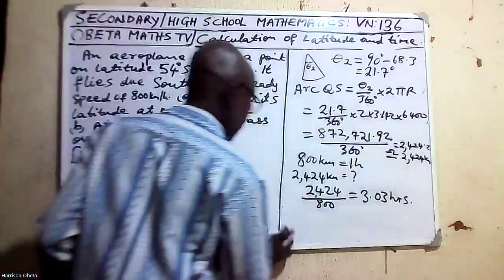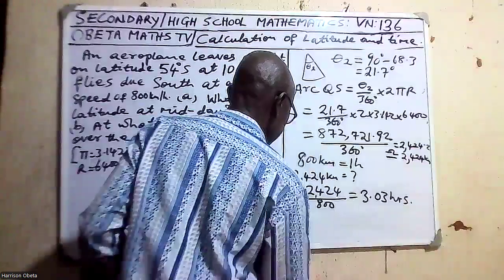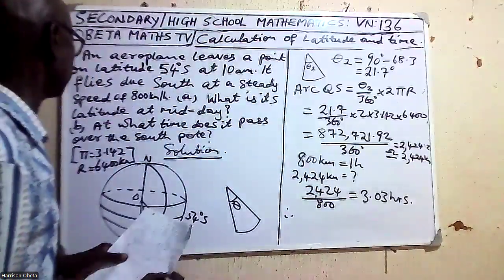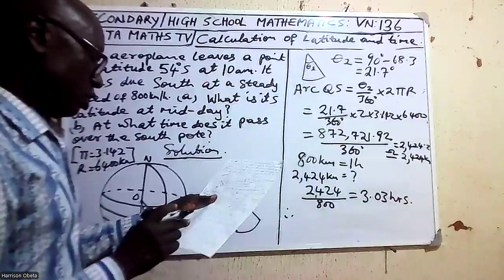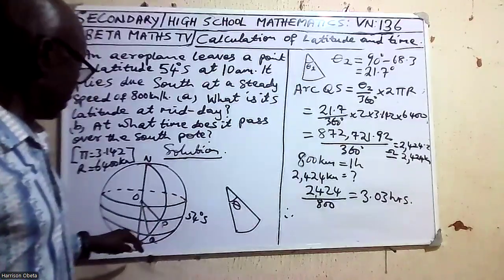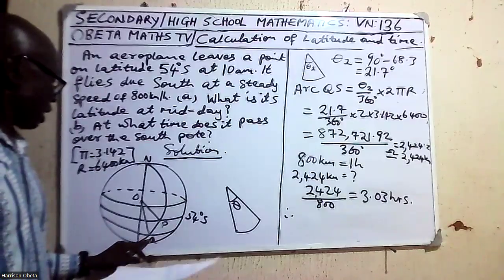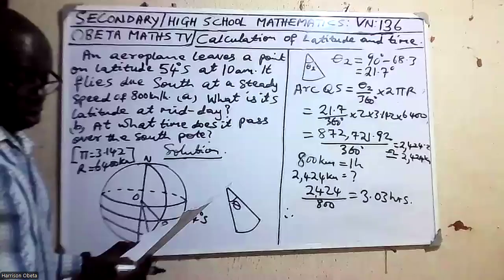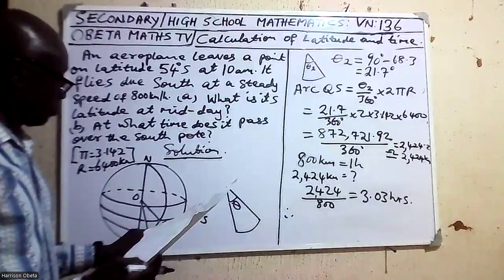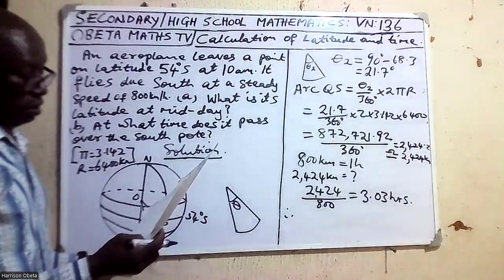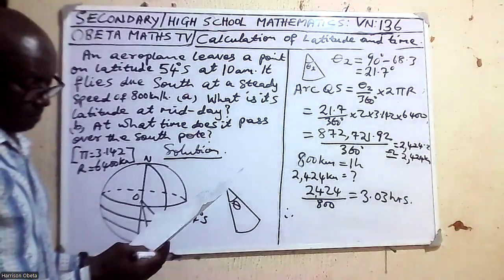So that means that the plane will pass over the South Pole at, now we check. Remember that at Q, that's from P to Q, at Q is 12 midday.